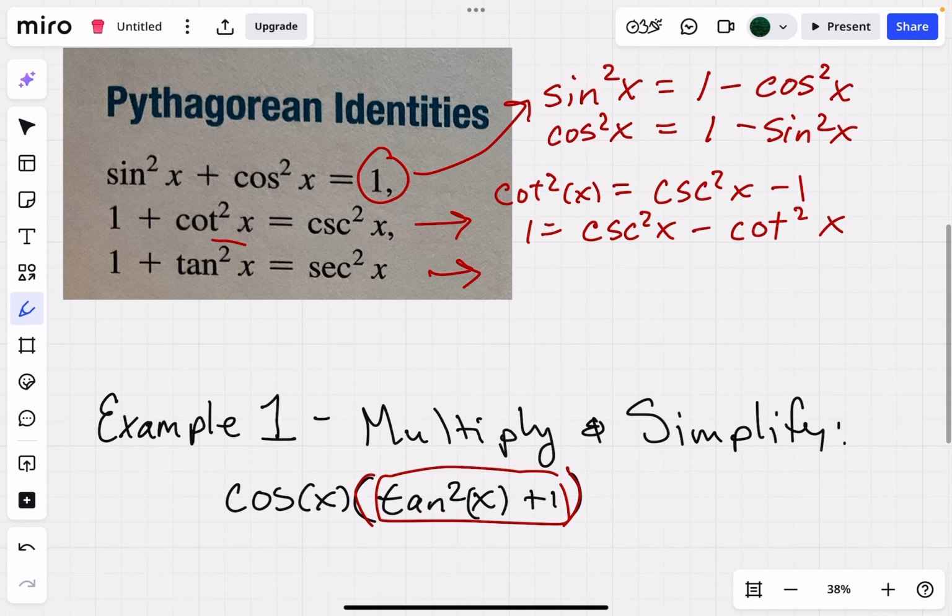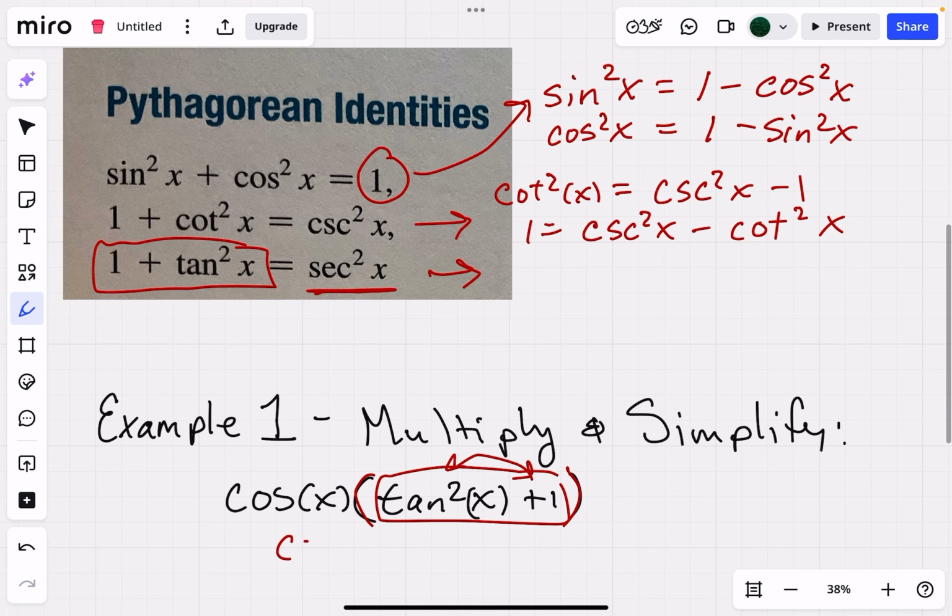We see here that instead of substituting for the tangent as y over x, we can just substitute the entire parenthesis set. Even though the order is rearranged, it still means the same thing. So I can actually substitute the whole set for secant squared. Hopefully you can see that.